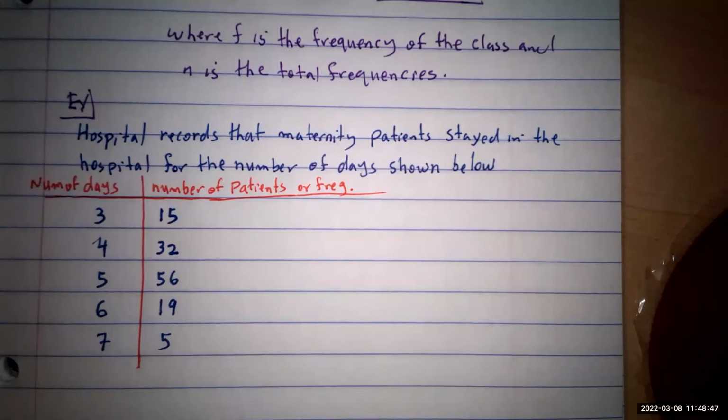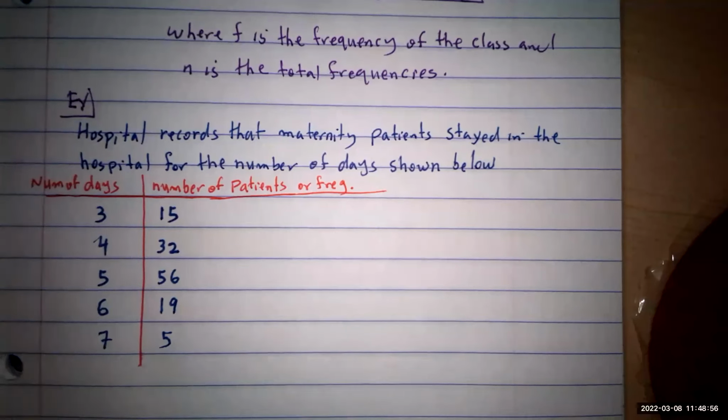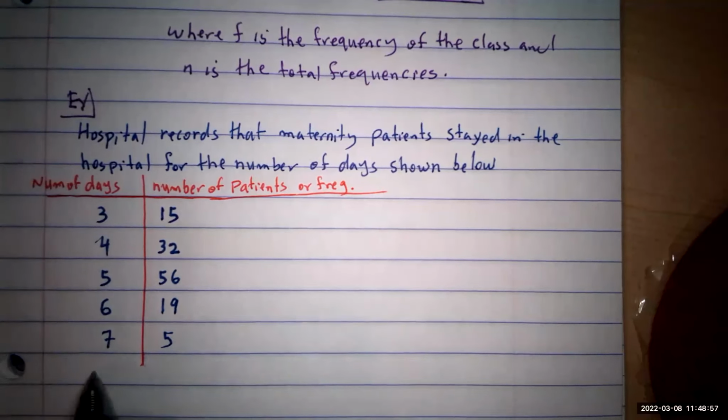Now, what would be the question? The question is going to be, we're going to pick one patient out and we ask the following question. We want to find the following probability.